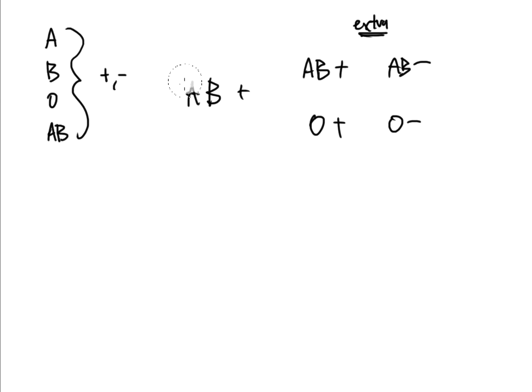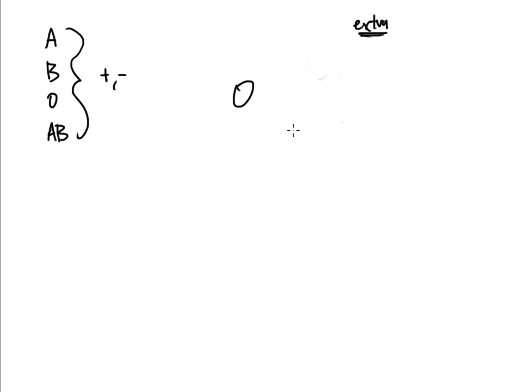All right. Now we have O. If I bring in A, it's not going to work. O has no A or B antigens or agglutinogens on the outside surface. So A is not going to cut it.